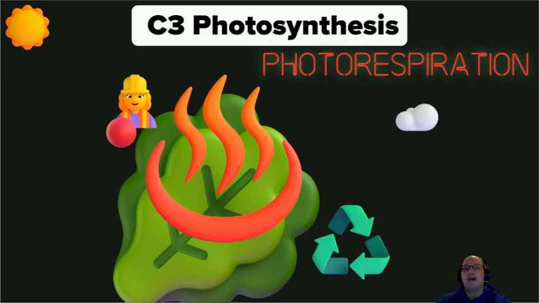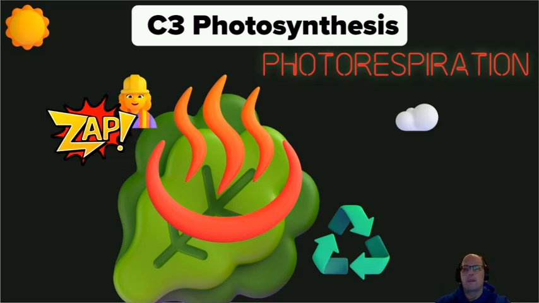Rubisco is grabbing that oxygen molecule, and it's going to send those oxygen molecules into the Calvin cycle. But when that oxygen gets in there, there are no new carbons to rebuild RuBP.